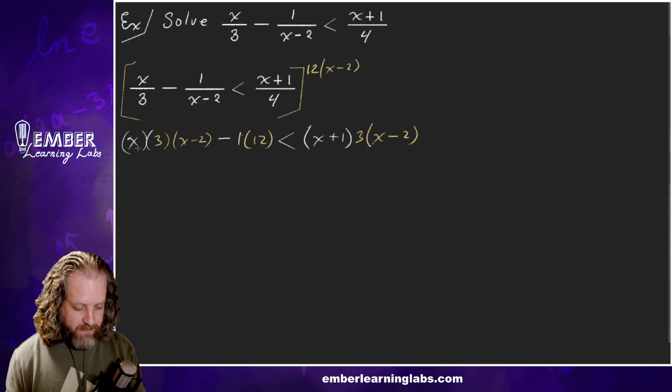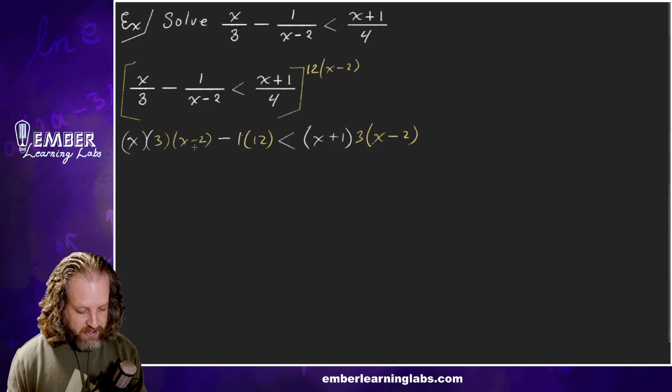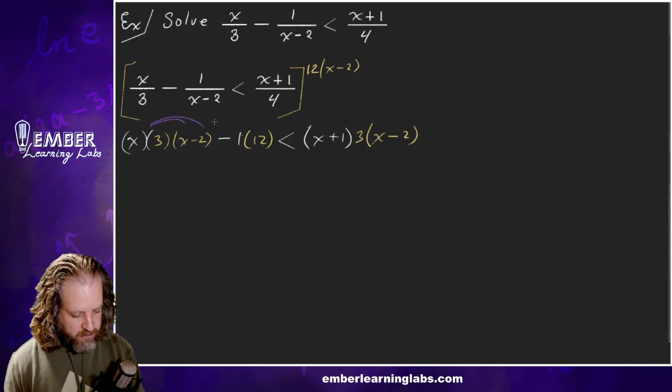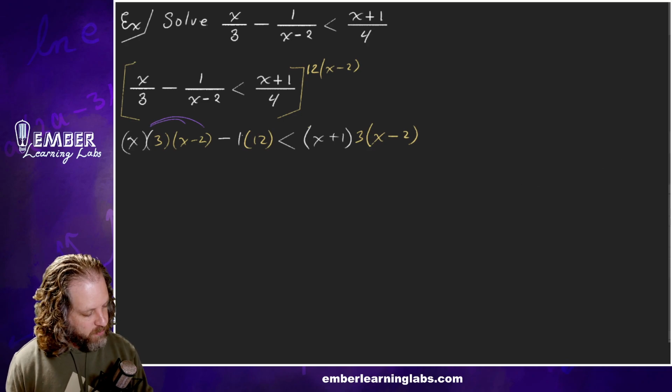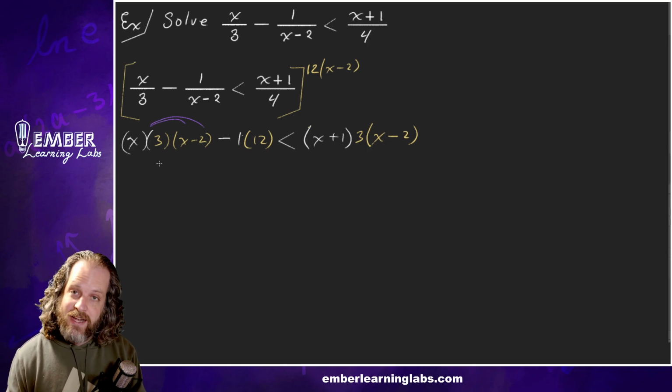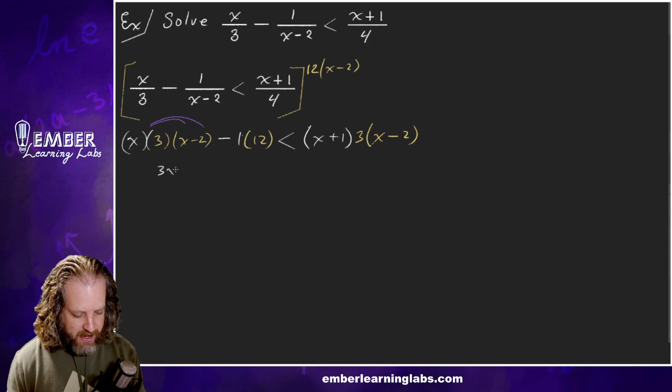So over here, we've got 3x times x minus 2. We can go ahead and distribute that, I think. I don't think that's going to throw us off too badly. This we can go ahead and multiply, right? So 3x times x is 3x squared, and then minus 3x times negative 2 is negative 6x, and then negative 1 times 12 is negative 12, less than.